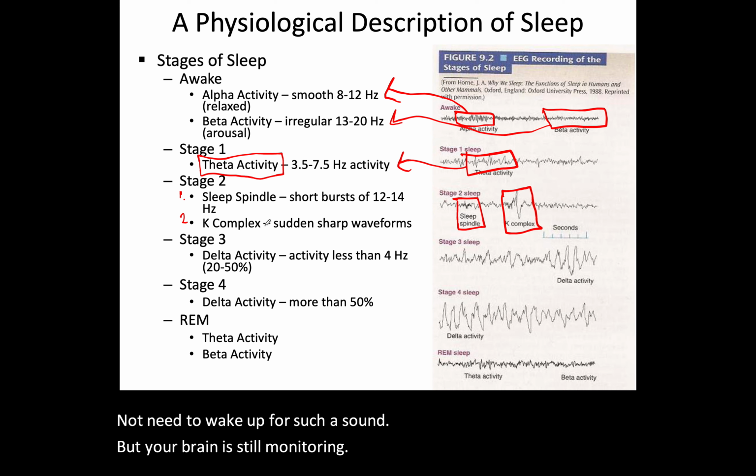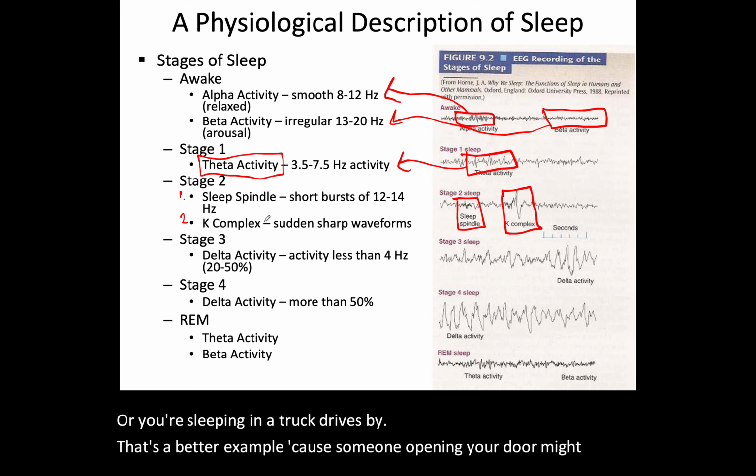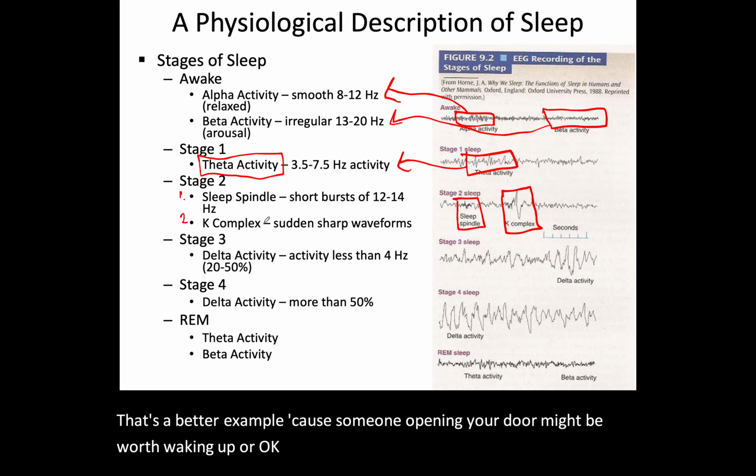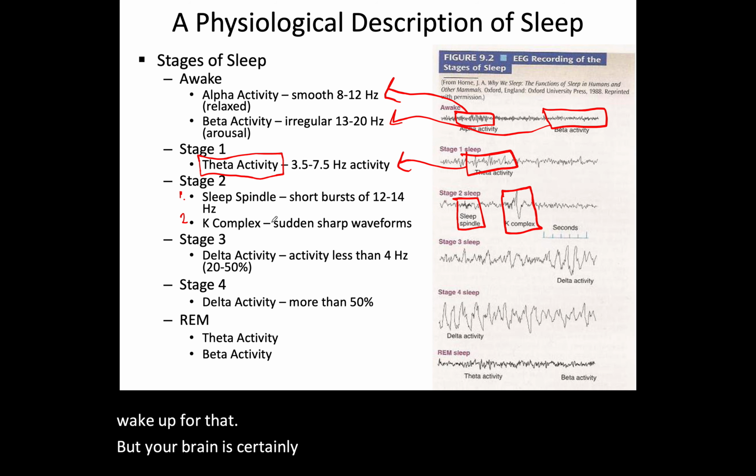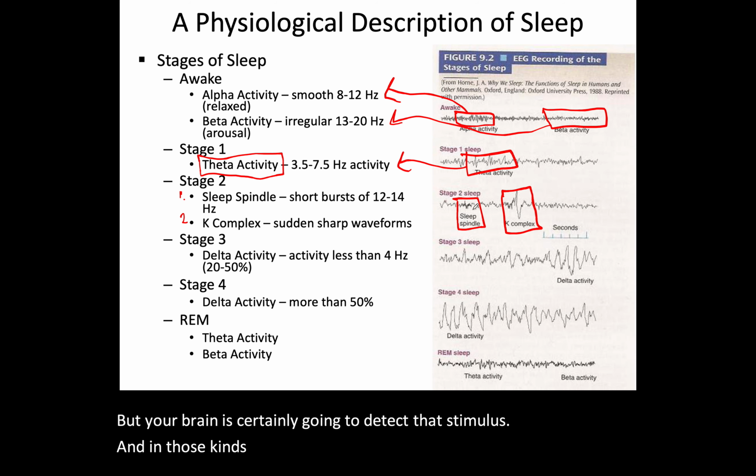Or you're sleeping and a truck drives by. That's a better example because someone opening your door might be worth waking up for. Okay, but let's say a truck drives by. You don't need to wake up for that. But your brain is certainly going to detect that stimulus. And in those kinds of situations, you're liable to see one or both of these signals.